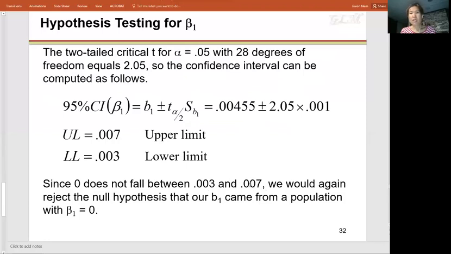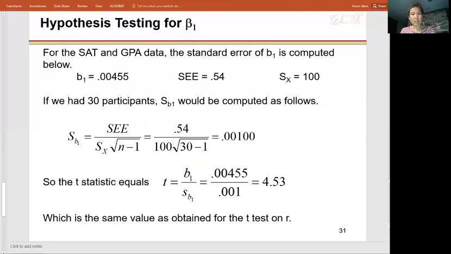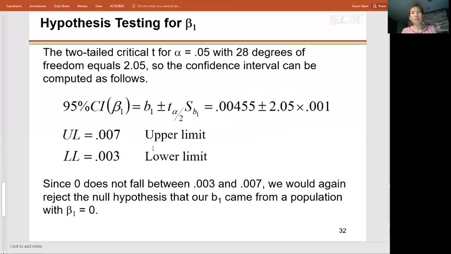This does not capture 0, so we reject the null hypothesis, which is the same result as the t-test. According to the t-test value, we reject the null hypothesis. Do you remember that? So all three methods for hypothesis testing draw the same result, rejecting the null hypothesis. Am I right?